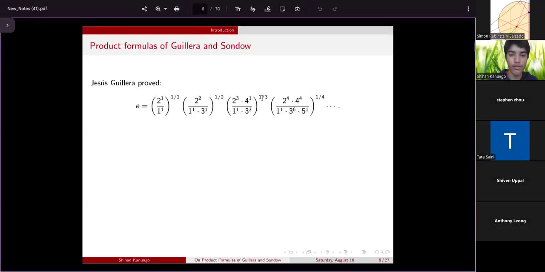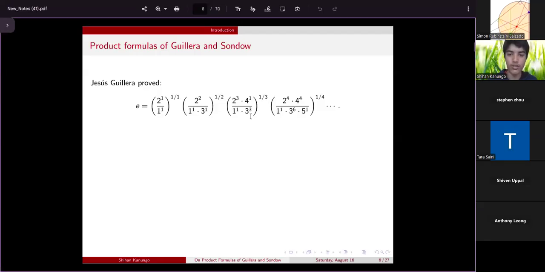So Guillera proved this more complicated product formula for e, Euler's constant. The pattern in the terms here is a little bit harder to see, but if you look at it for a little while, you'll see that the exponents are just 1/1, 1/2, 1/3, and so on.